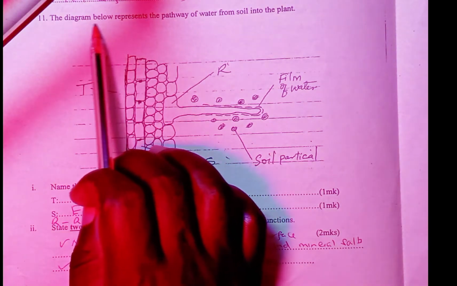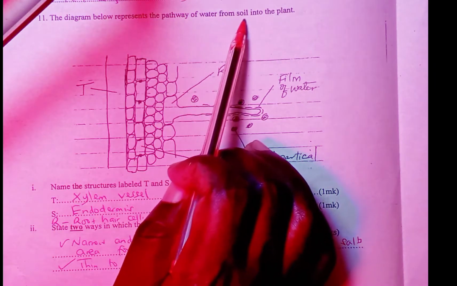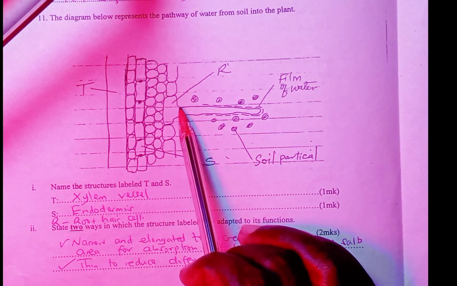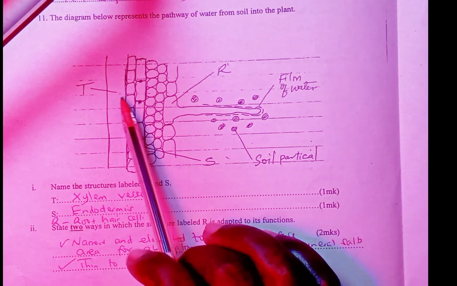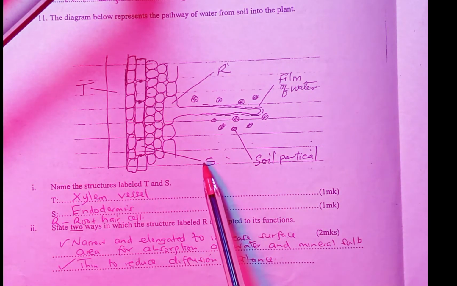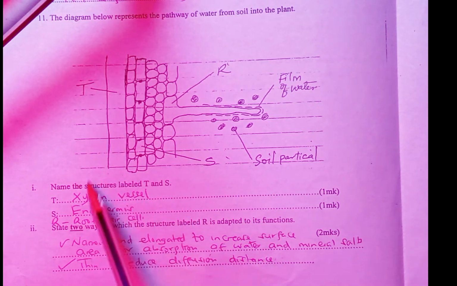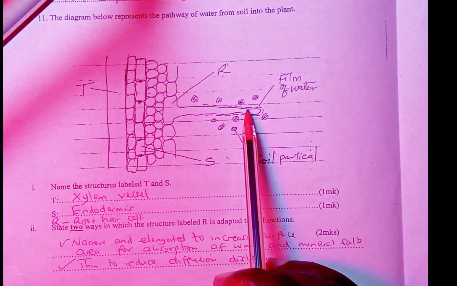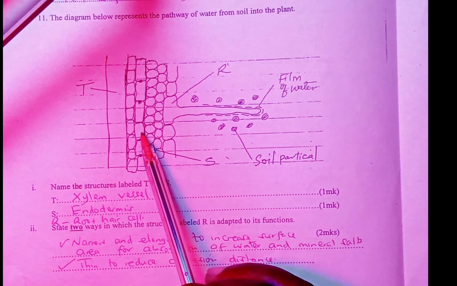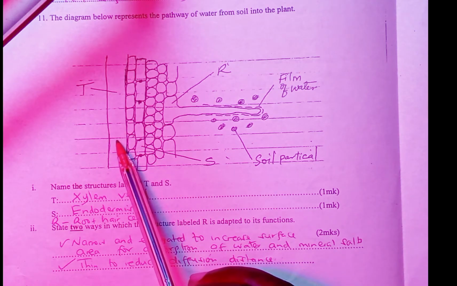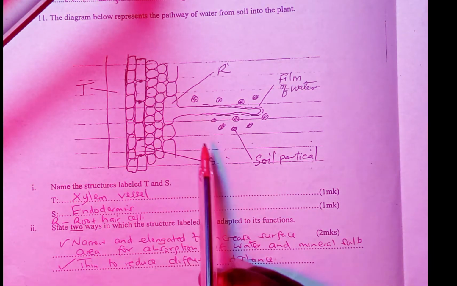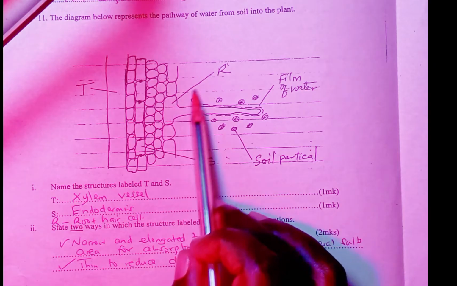Question number 11 reads, the diagram below represents the pathway of water from the soil into the plant. And we have been given the root hair cell with unnamed parts R, S and T. The part labeled T is our xylem vessel because water moves from the root hair through the cortex, then up to the xylem vessels where it is conducted up the plant, and therefore part R is the root hair.